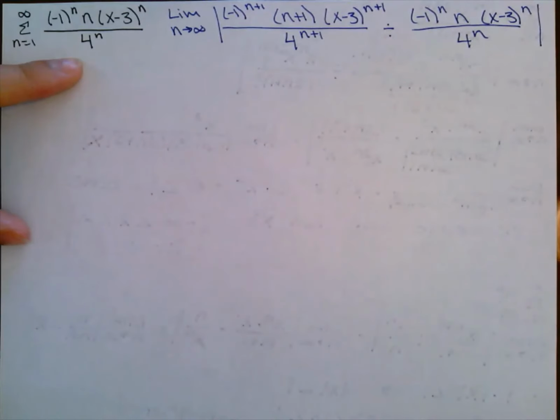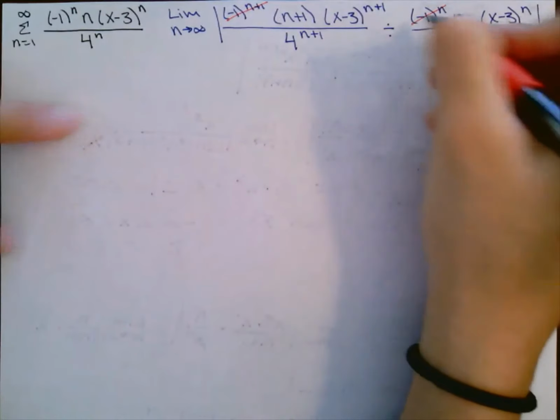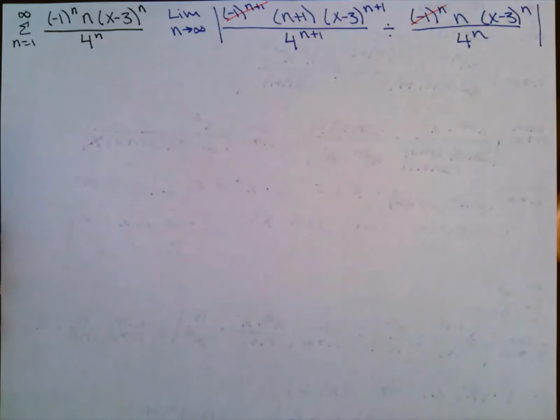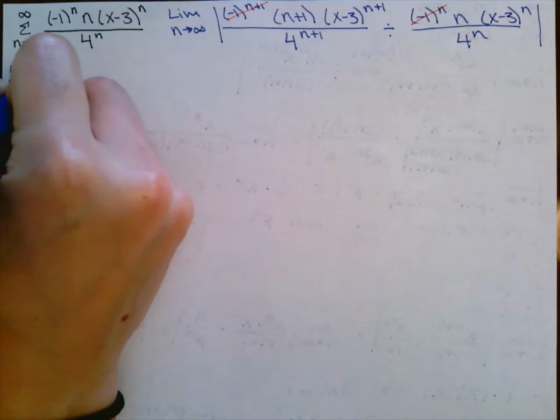Okay, and because of the absolute value, I can automatically eliminate these -1 to the n's and n plus 1, since with the absolute value it's going to be positive anyway. And now I'm going to work on rewriting these.